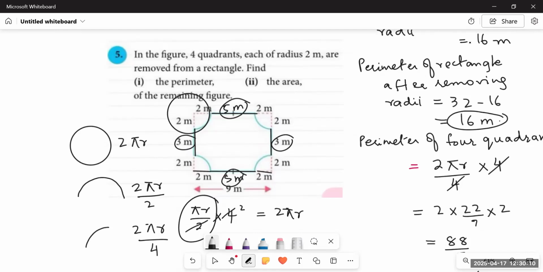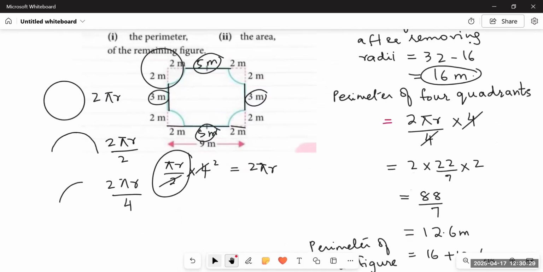And then what do we have to do? The circumference of each of the 4 quadrants is 3.14. So we multiply 3.14 with 4, which will be 12.56, that we have already got. So what we have to do next is add 12.56.